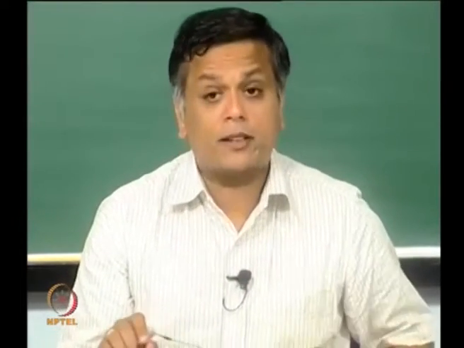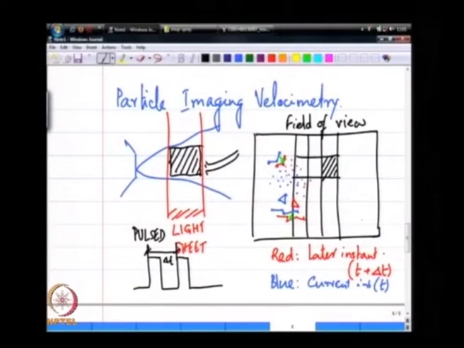We are able to essentially take two images of some moving object, but in the same frame. So, if I take the field of view, I will have the blue dots and the red dots all in the same image. Now, you have to imagine that there is really no blue and red, there is just gray, but they are all in the same image.